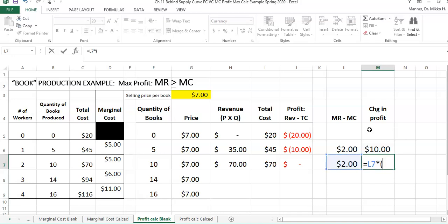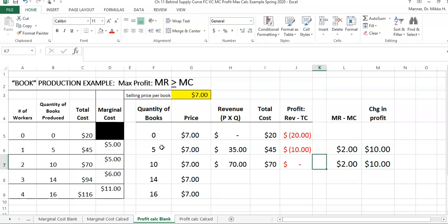That number is not on this slide, so we have to calculate that extra $2 times 10 books for 2 workers minus the 5 books for one worker. So that second worker helps us produce 5 extra books. So profit improves, or changes, by a positive $10. So again, yes, we want to hire the second worker.